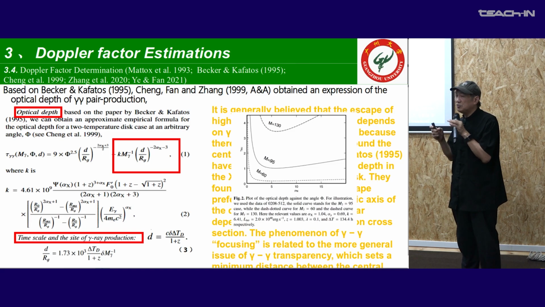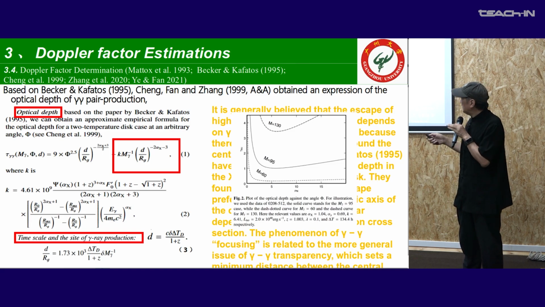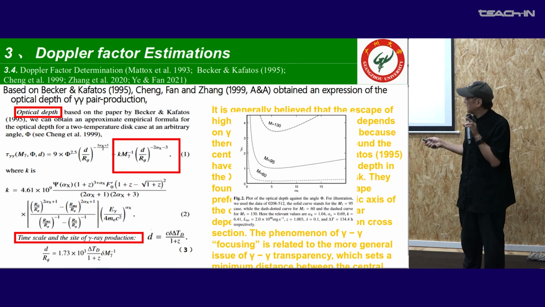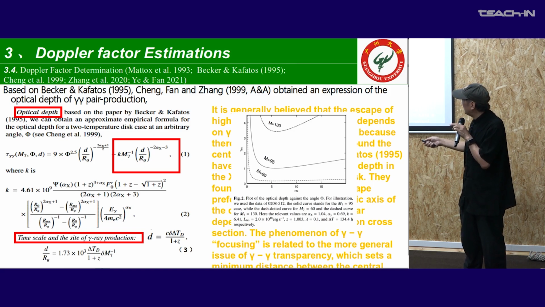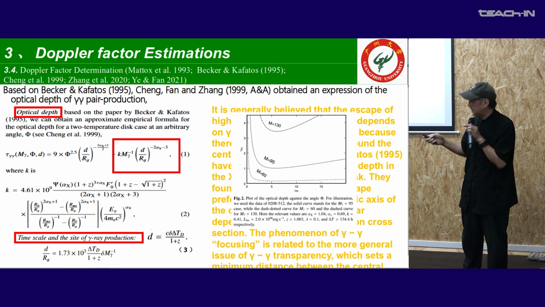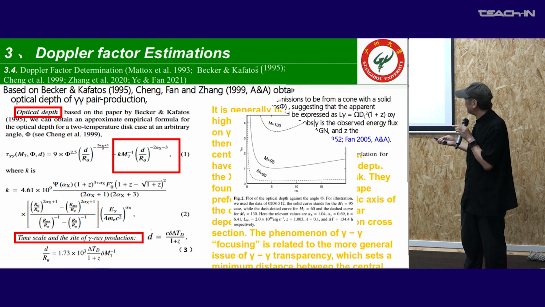So we assume that the minimum tau is 1, and then from this formula, we take the partial of tau over the partial of phi, and we can get the minimum place. This will be 0. So we can get another formula.